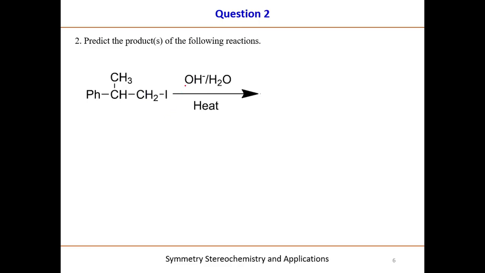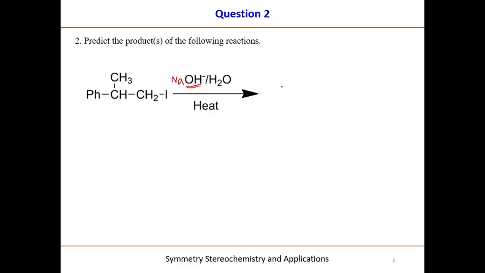Because OH minus is a strong nucleophile, some counter ion is also present which is not written here: NaOH, KOH, or LiOH, lithium hydroxide, sodium hydroxide, potassium hydroxide, any base. OH is a very good nucleophile compared to water. So if the reaction is performed with a strong nucleophile, the product will be the SN2 reaction product.